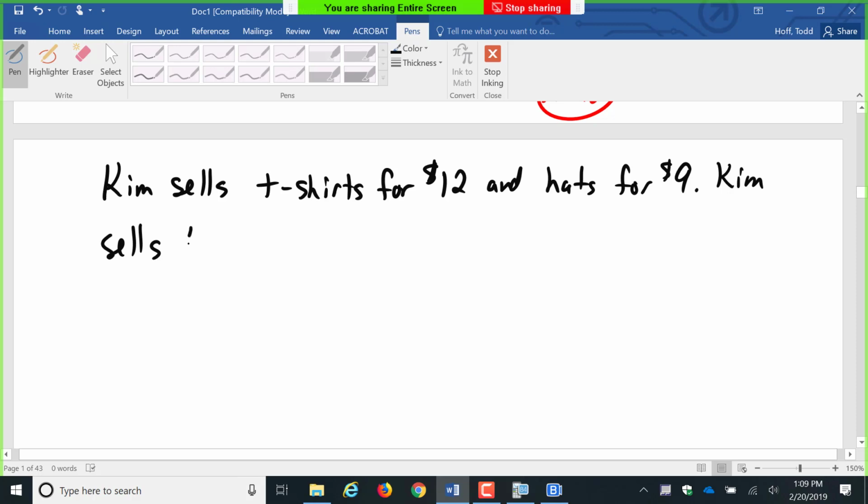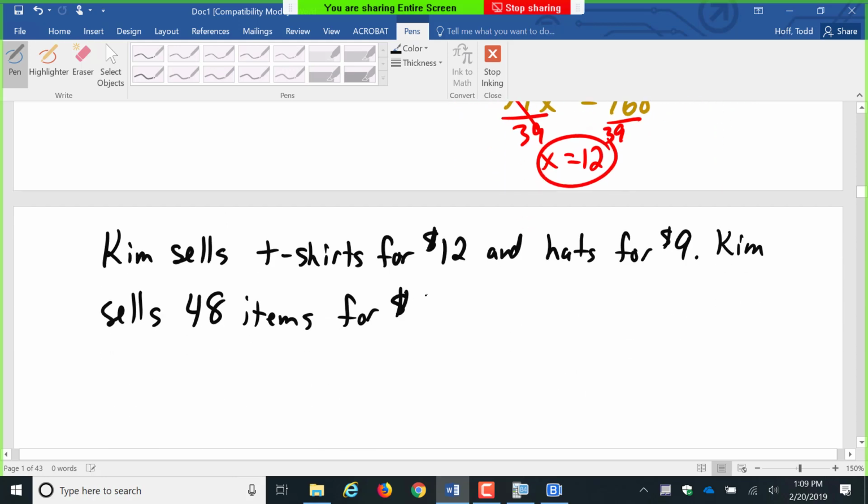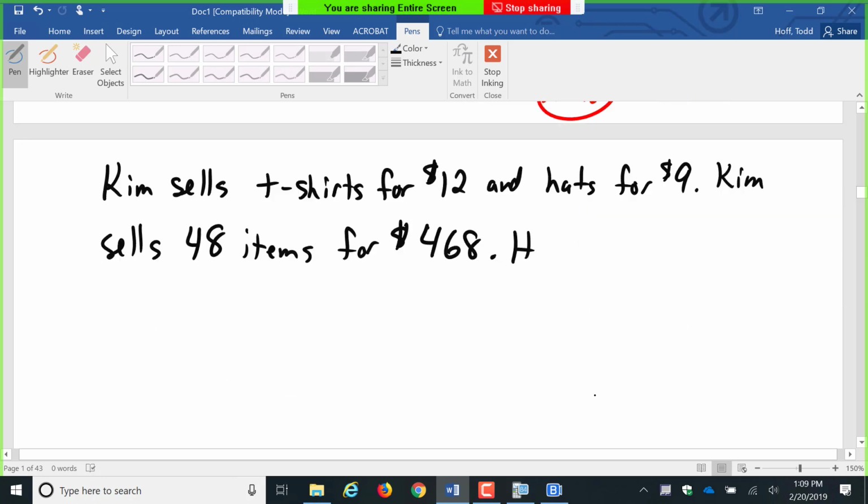Kim sells 48 items for $468. How many of each did Kim sell?